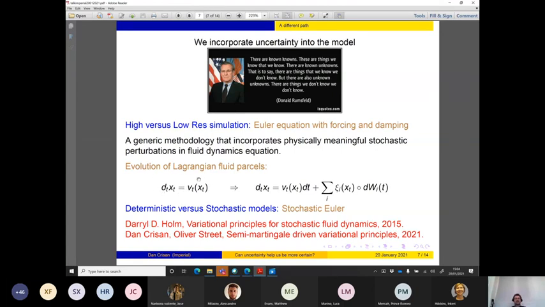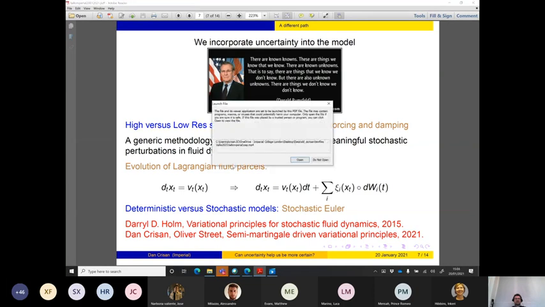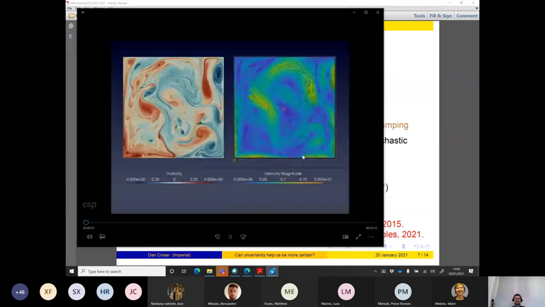So what we say is, okay, take this ODE and make this ODE stochastic. Add stochasticity to this ODE, transform the evolution of each of these particles of fluid into a stochastic evolution. Perturb this stochastically.